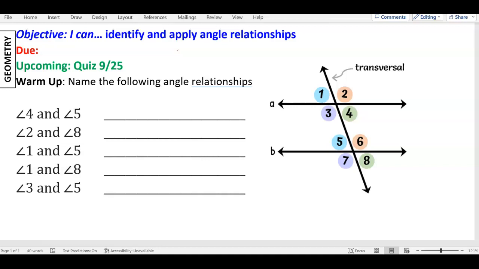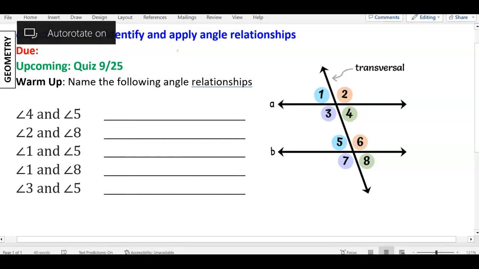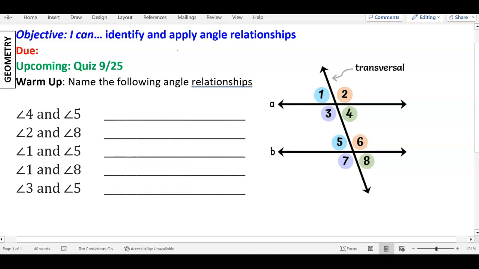Now, angle 4 and 5. Maybe you already know these. Maybe you forgot, but I'm going to go over it right now. Are 4 and 5 on the same side or are they alternate? Alternate. One's on the left, one's on the right. Now, are they in between these other lines, outside these other lines? 4 and 5 are in between these two lines.